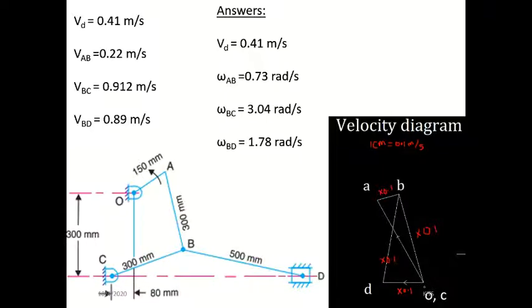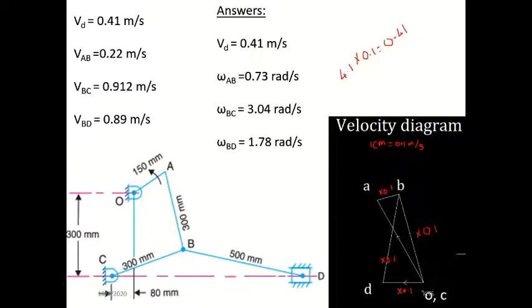Here the O2D length is 4.1 centimeter. That means 4.1 into 0.1, and the answer is 0.41.